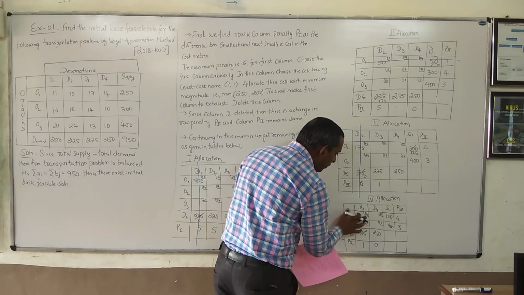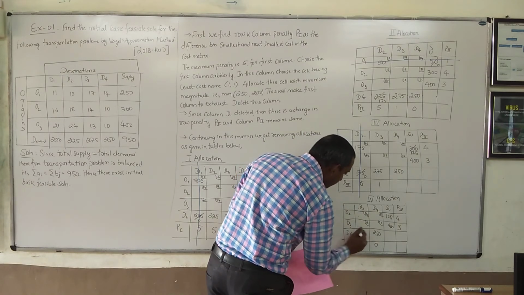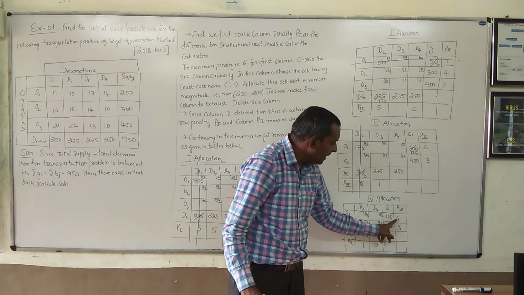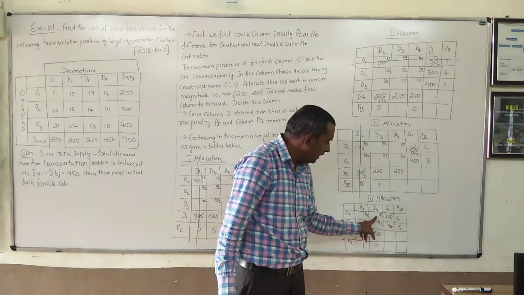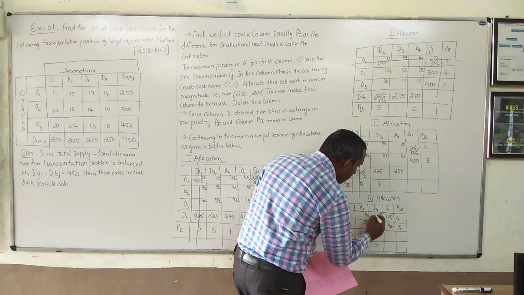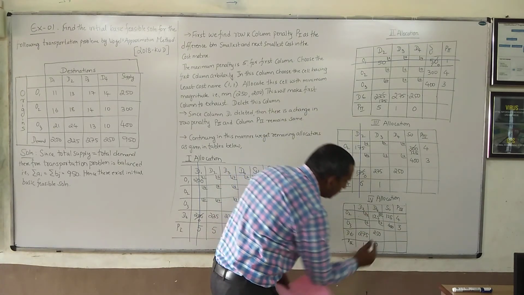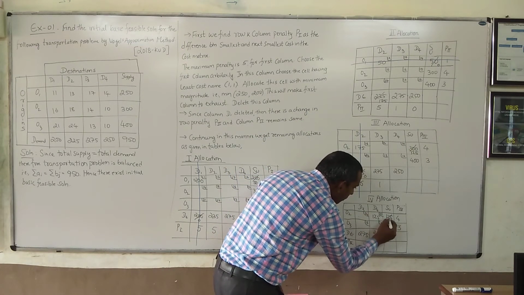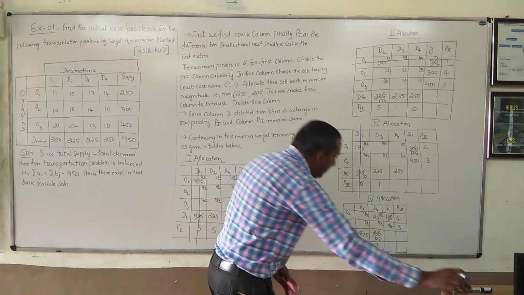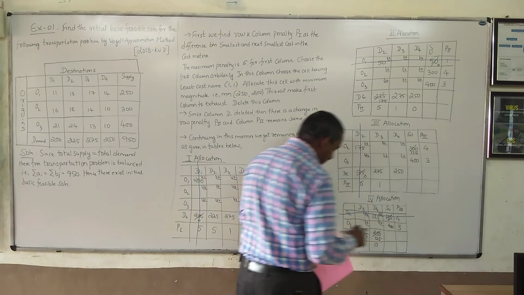Sorry, there is a small confusion. It is 275 only. So 4 is the largest. Fine. So here is the smallest element. So let me write 125 here. Fine. So 125 subtraction, this gives you 0 and this gives you 125. So this O2 row is exhausted.